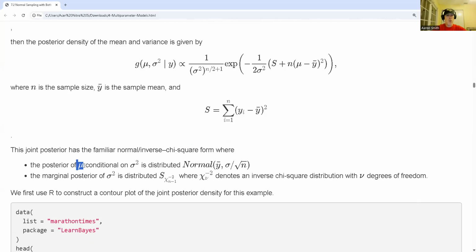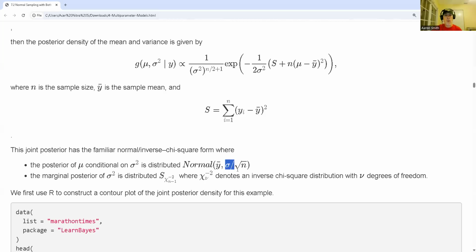The posterior of mu is conditional on sigma squared. And so conditionally on sigma squared, so when sigma squared has been nailed down, integrated out, figured out, then mu is going to be normal with mean y bar and variance sigma squared divided by n.